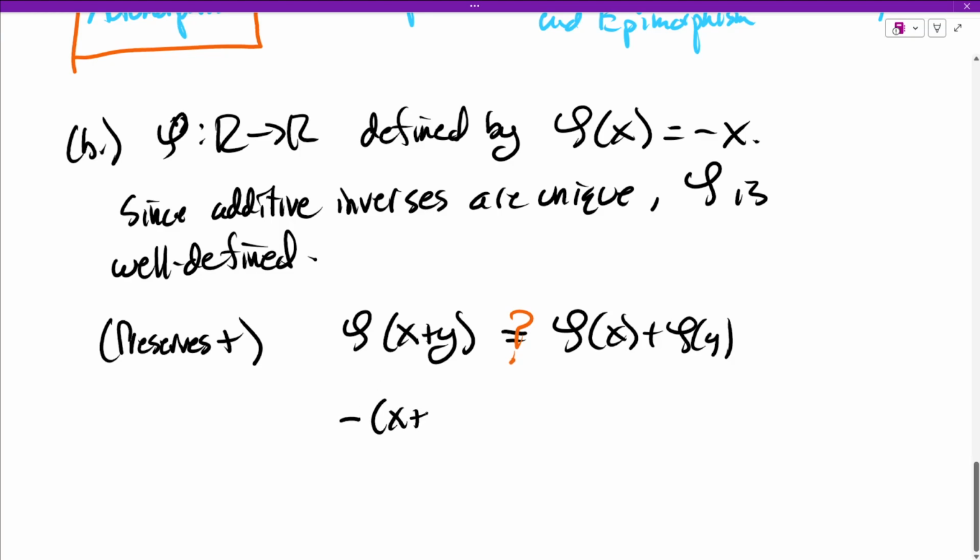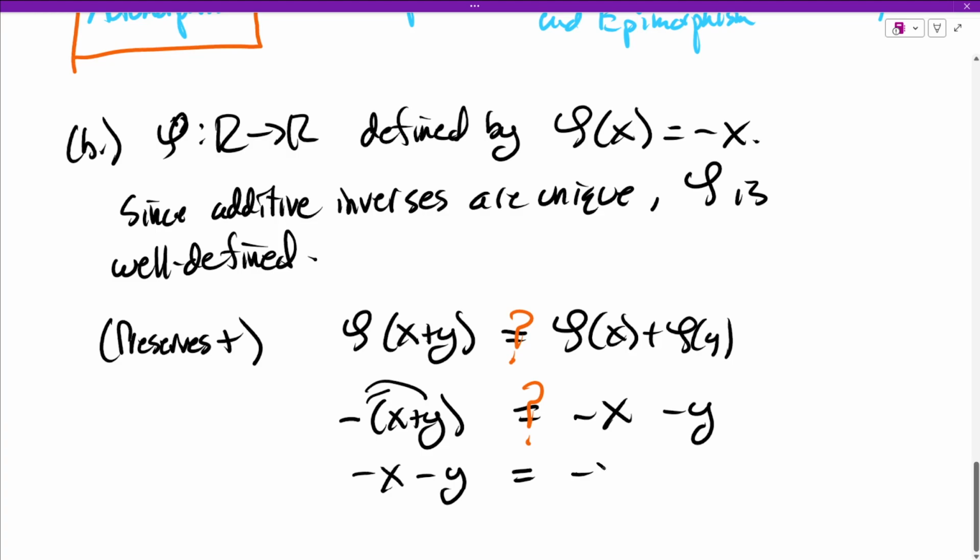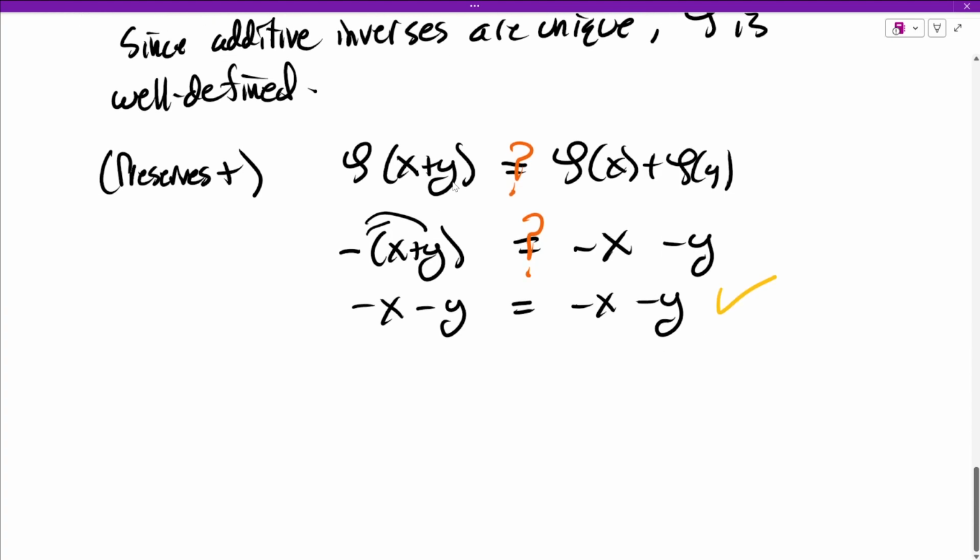So phi is take the additive inverse, take the additive inverse, take the additive inverse. Now, negation distributes over addition, so this is negative x minus y, because negation is multiplication by negative 1. That's another way of thinking about it. So is it the case that it preserves addition? Yeah, it does. Great.